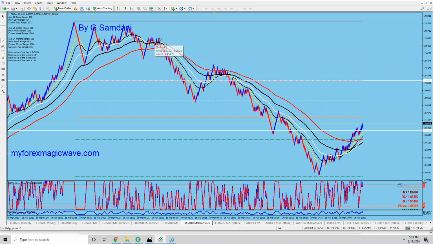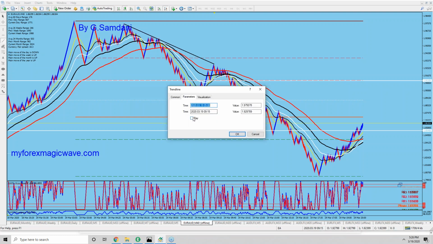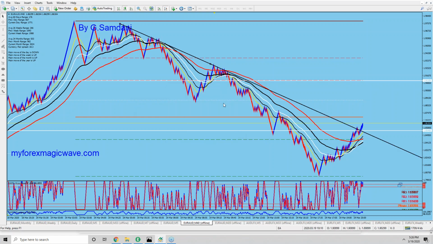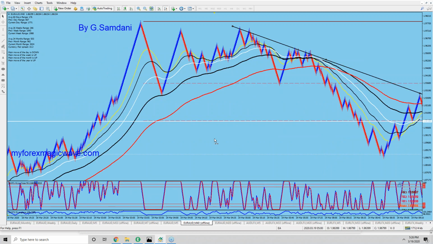But if you draw the trend line from the top here, let me see if I can put it here and make it a ray. Right, so this is what's happening here. Let me see, this is off a little bit.